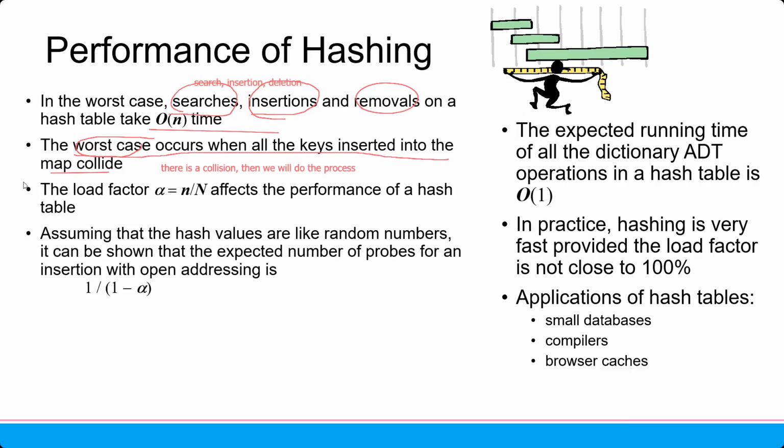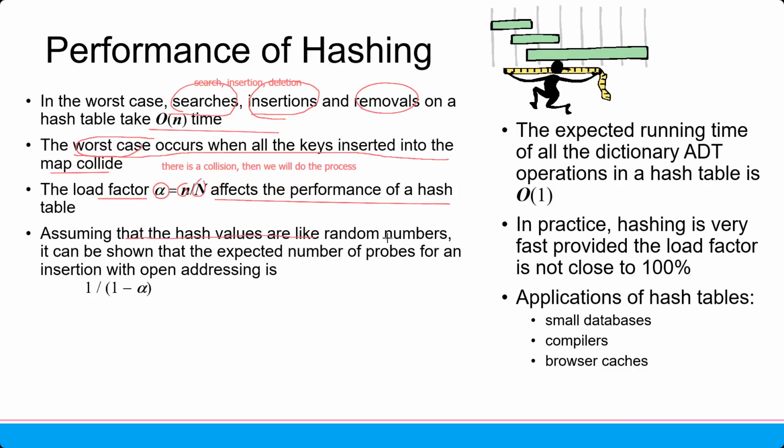There is another factor we call the load factor. The load factor is alpha, which is n divided by big N. It affects the performance of the hash table.